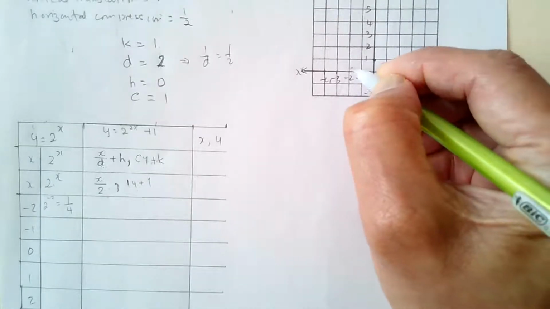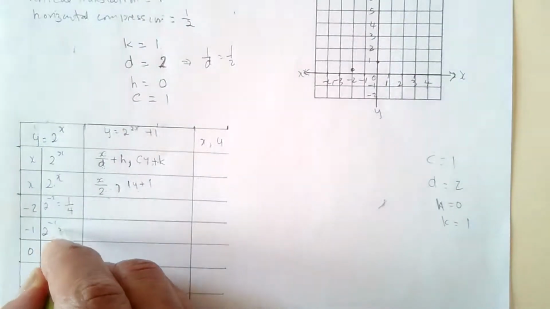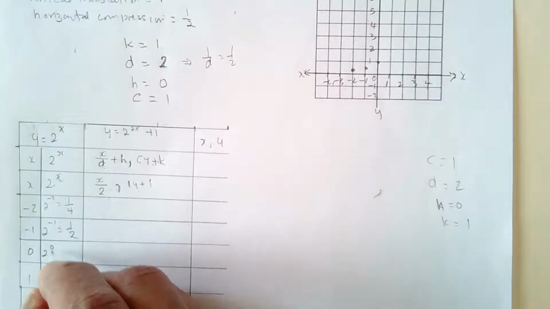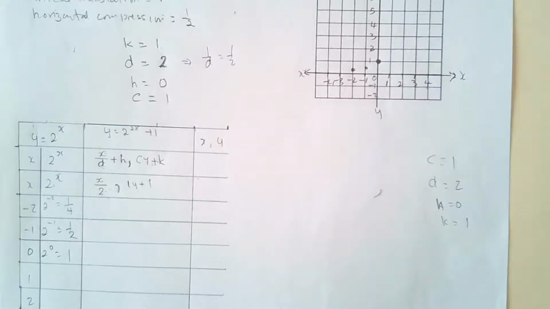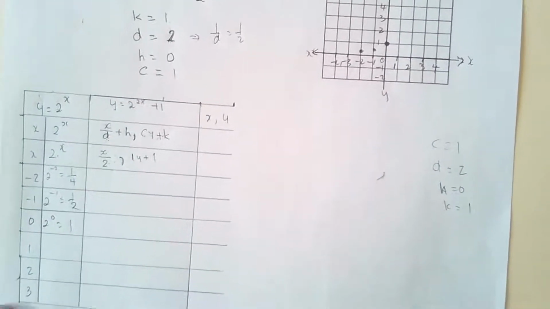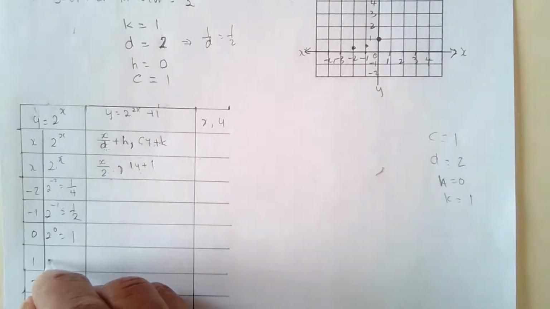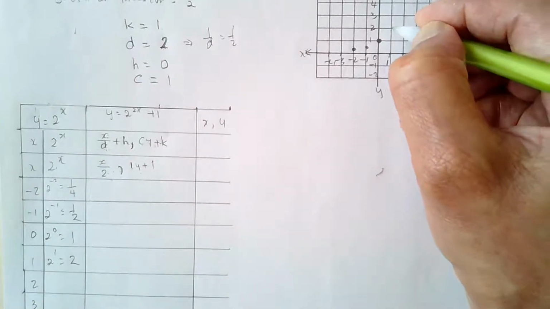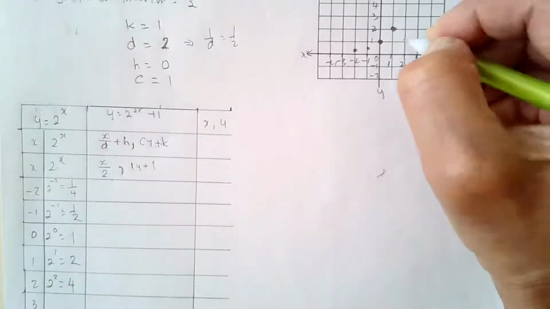It's about here. 2 to the negative 1 is a half. 2 to the 0 is equal to 1, which I could have predicted before. 2 to the 1 is equal to 2. 2 to the power 2 gives me 4.